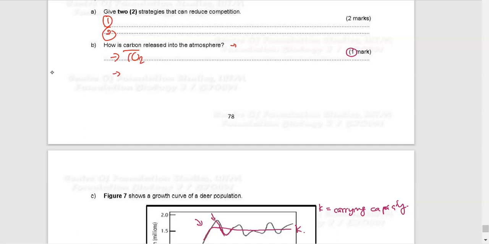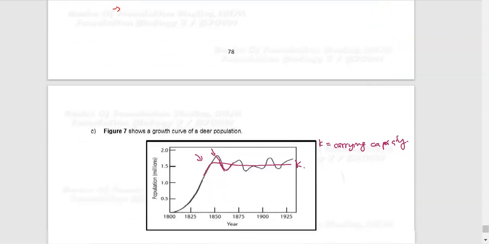You could also explain it through, for example, cellular respiration, or burning of fossil fuel or burning of wood. The other ways of releasing carbon are through decomposition or anaerobic decay, through volcanic activity, and the last one is through burning of forests.